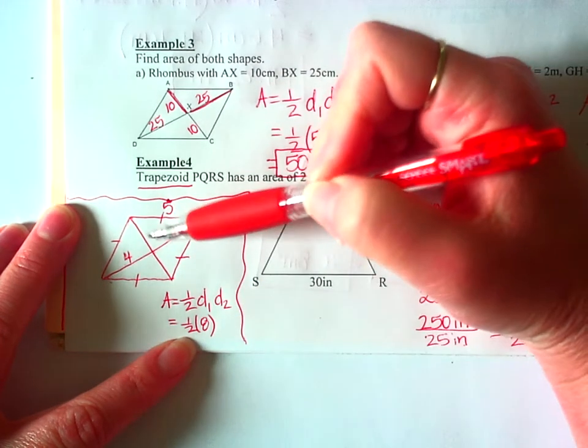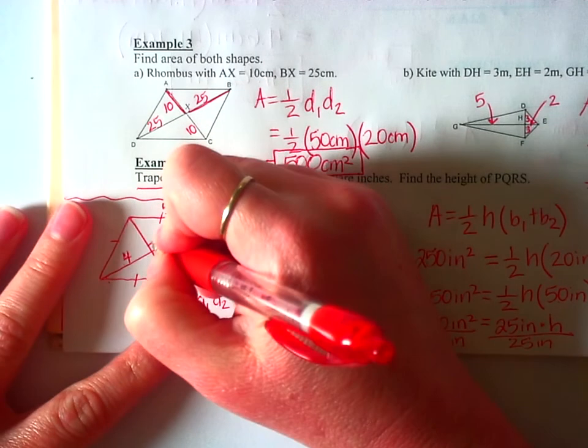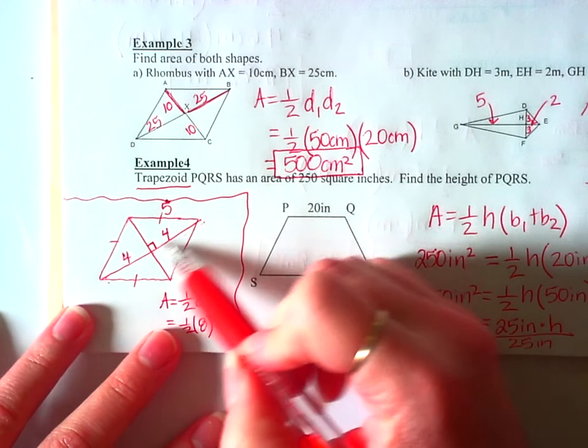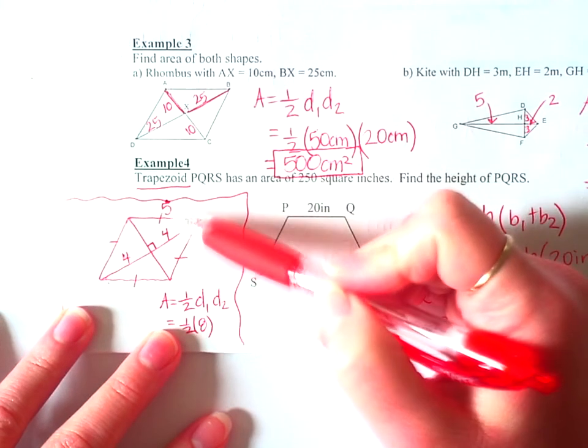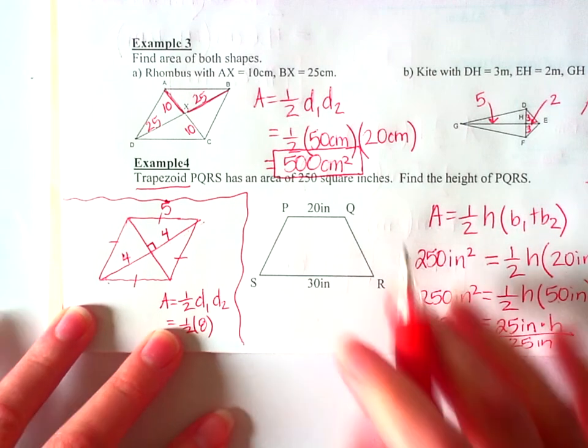But the trouble is I don't know anything about the other diagonal, okay? So what am I going to do? I have to remember that the diagonals of a rhombus are perpendicular. Okay? So then I'll look right here at this right triangle and say, if I know two sides of a right triangle, I know how to find the third side. I just do the Pythagorean theorem.